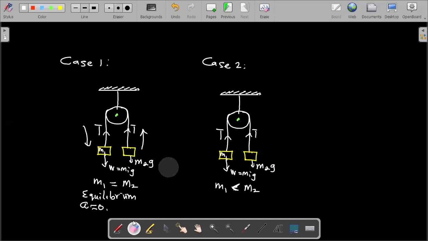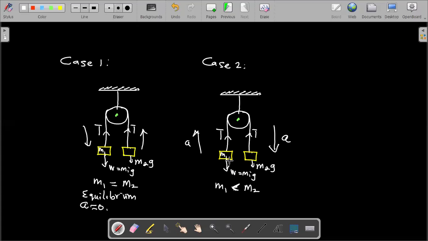Because M2 is now greater than M1, the system is going to accelerate this way, while this object moves upward, this one moves downward. However, because it is an inextensible string passing over a smooth pulley, the upward acceleration here will be equal to the downward acceleration, experienced by M1 and M2 respectively.